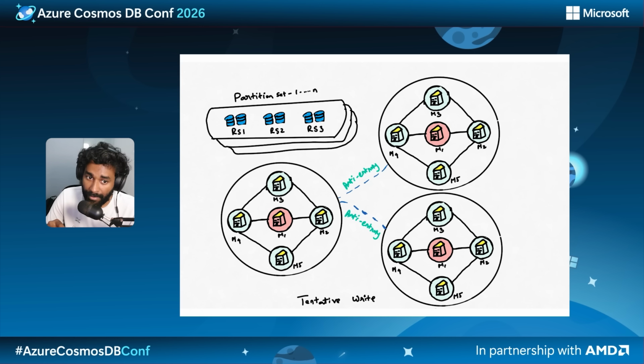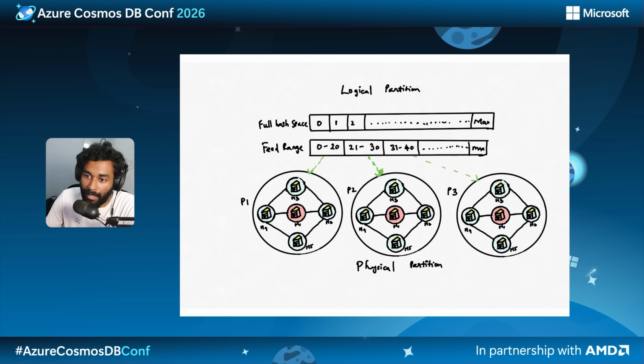When this happens, Cosmos DB records these writes as tentative writes and replicates them across regions. And it resolves the conflicts using different strategies like last writer wins or custom conflict strategies. Once it is resolved, the final state is propagated to all those different regions and eventually converges to the same state everywhere.